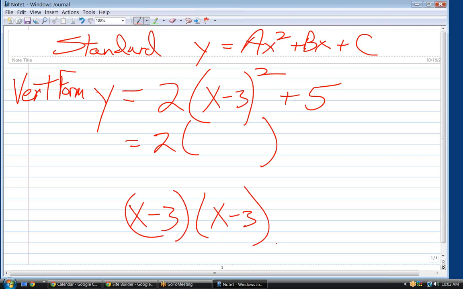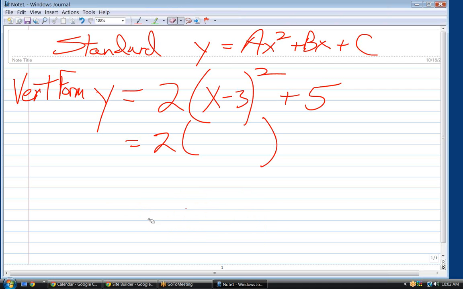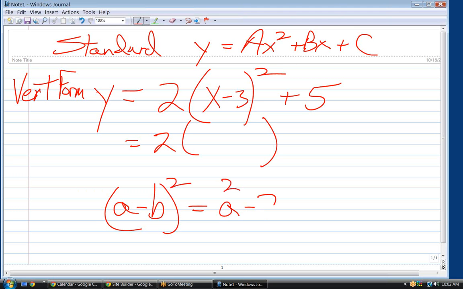However, you want to get to where you memorize that. In other words, we're talking about a very special condition: a minus b quantity squared. The reason I want you to learn it this way is because it saves you quite a bit of time from going through the foiling process.